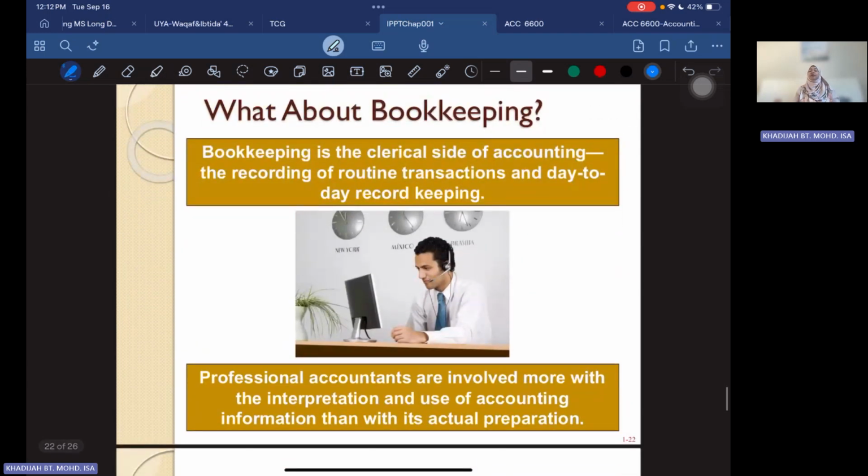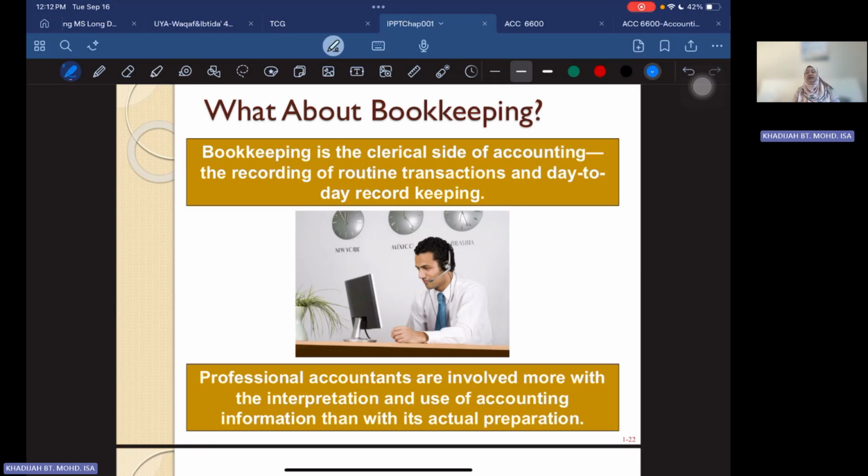All right. So what about bookkeeping? And remember that you are all masters. You will become the decision makers in the future. When you make decisions, you will need to understand how accounting actually works.